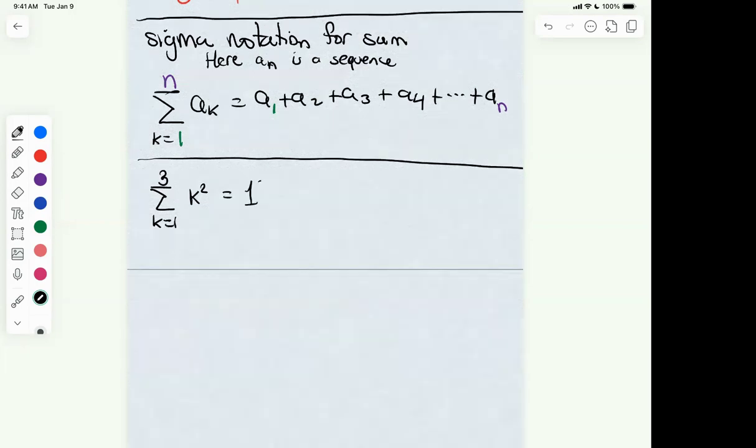So this would be 1 squared plus 2 squared plus 3 squared. So it's like the sum of the first 3 squares of integers, and that's 1 plus 4 plus 9, which is 14.